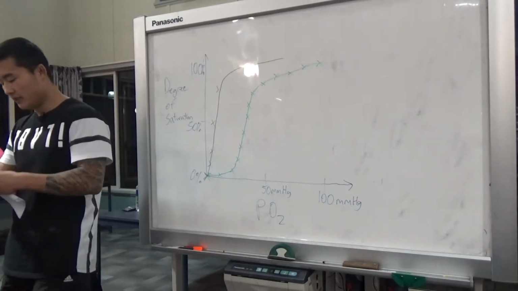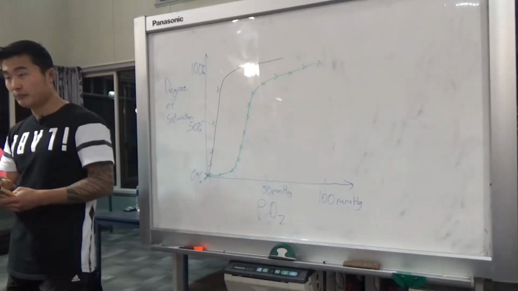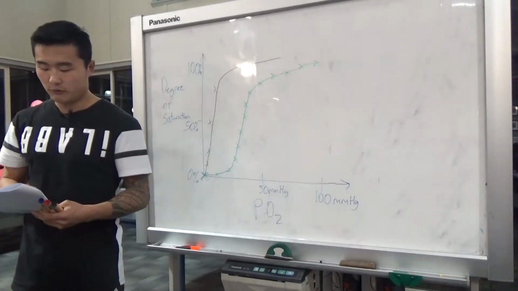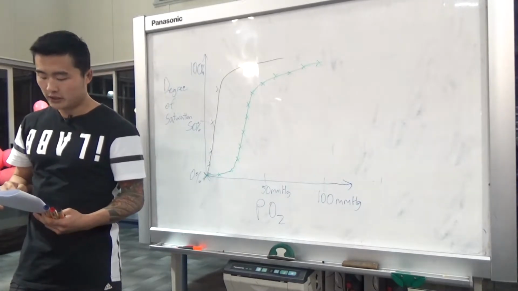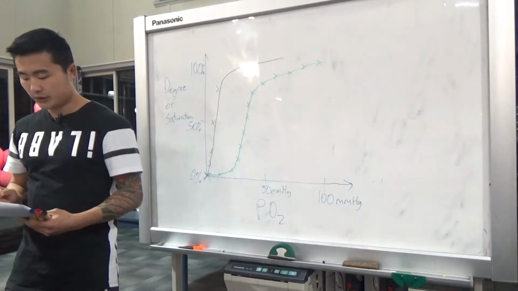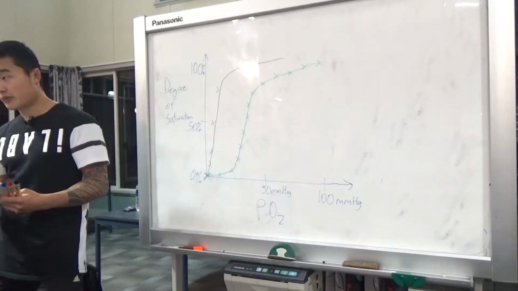So the diagram on the picture on the left, in the R state, you can see in the middle, there's a very small gap, whereas on the right, for deoxyhemoglobin, which is in the T state, or the taut state, it's got a big gap in the middle, okay?